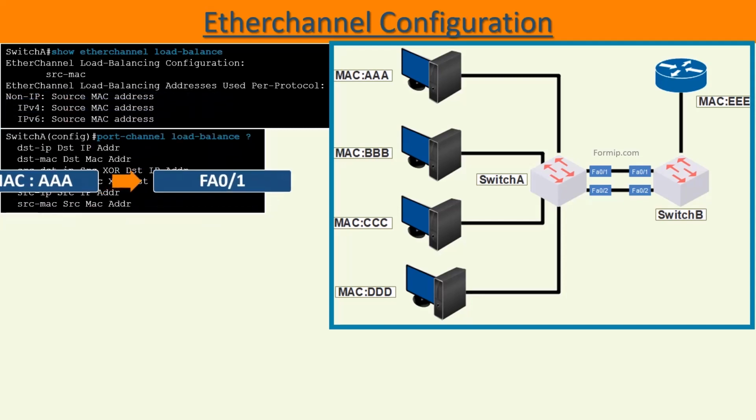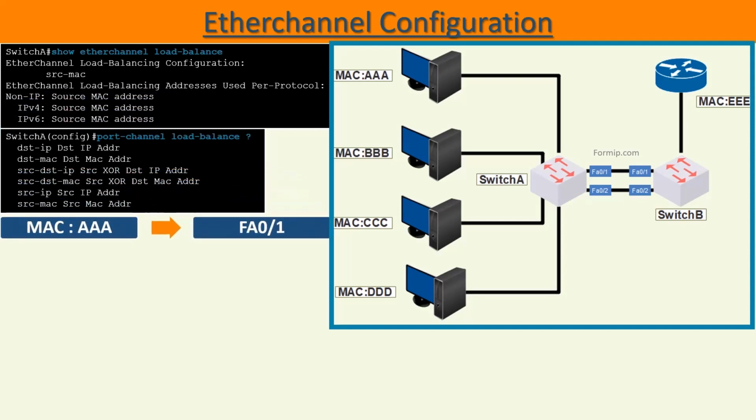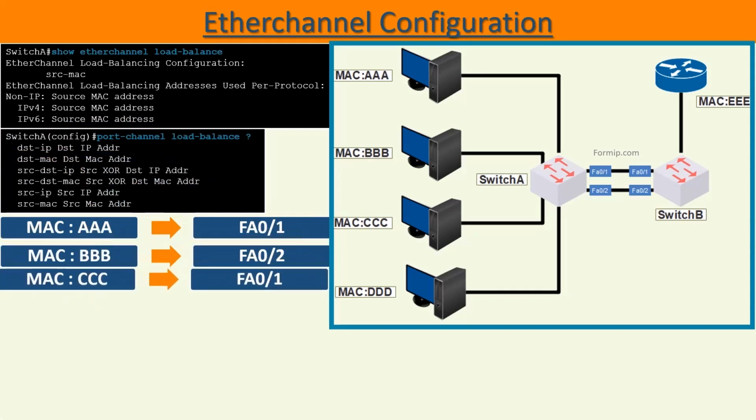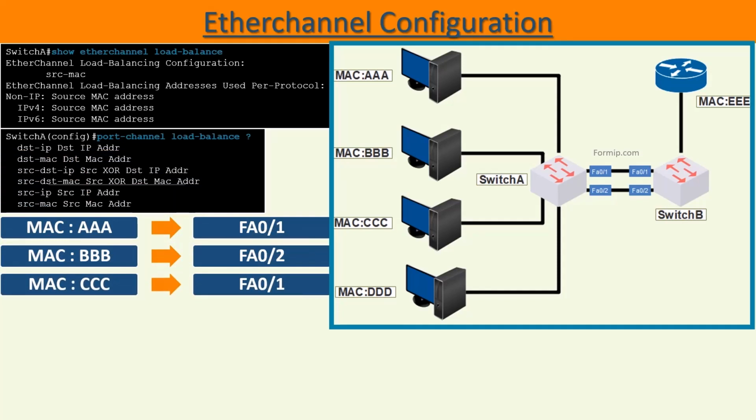For example, the MAC address 3A will be sent to the FA0/1 interface of switch A. The MAC address 3B will be sent on the 0/2, the 3C to 0/1 of the same switch, and the 3D MAC address will be sent to the 0/2 interface of switch A.